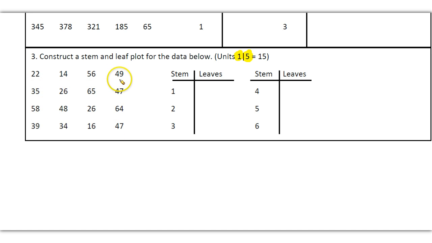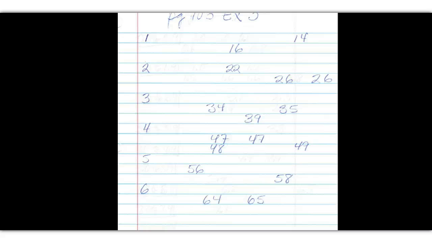I'll show it to you in a moment. And these are our categories. So a rather easy one, where the leaf will just be the second digit. The first digit would be our stem. And you're plotting a stem leaf plot. And it's relatively easy.